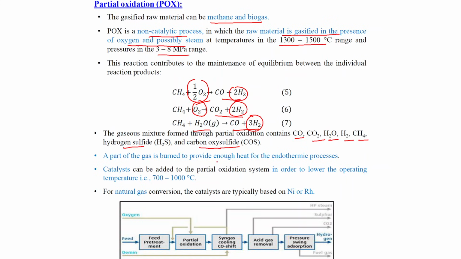Part of the gas is burned to provide heat, since we only need the hydrogen. Apart from that, the remaining gas mixture is burned to provide enough heat for the endothermic reactions. All these reactions are endothermic.